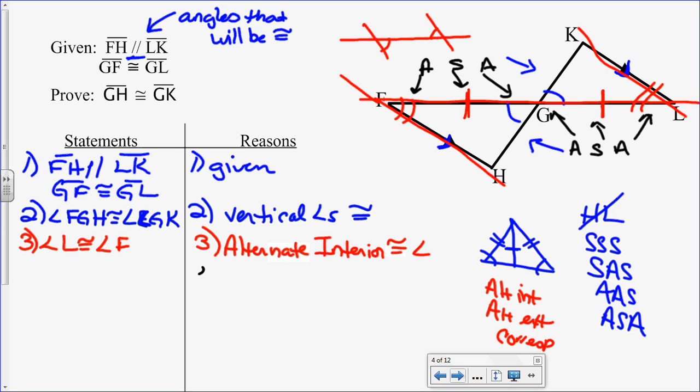Okay, angle, side, angle. We have to be careful to name them correctly. If we're naming it triangle FHG, then we better name it triangle LKG. But there are lots of ways that you can name those triangles, as long as you're careful to make sure the corresponding parts are lined up. Okay?